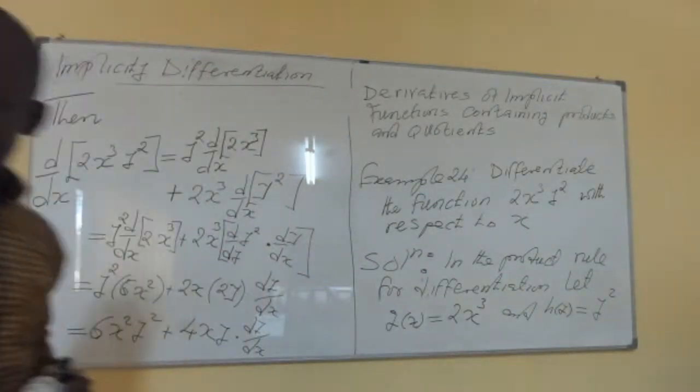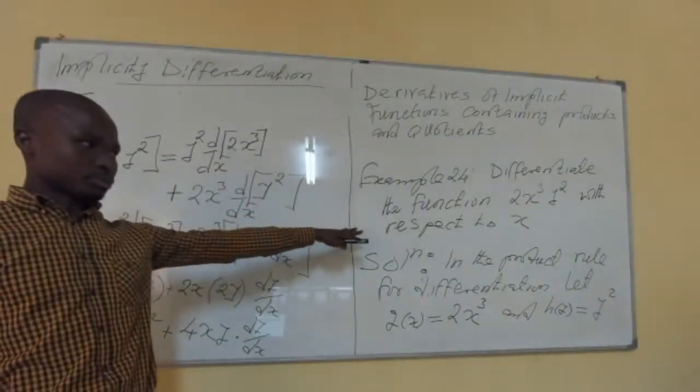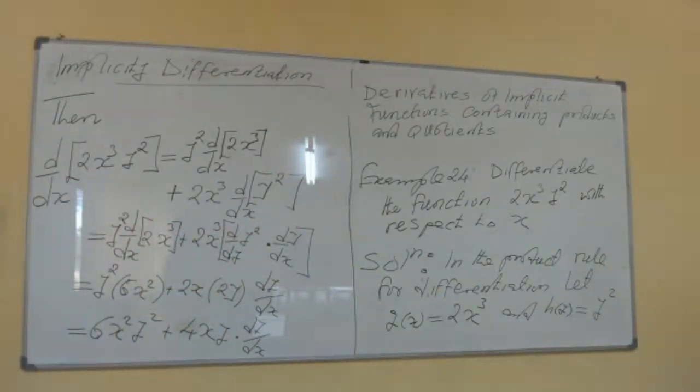Now, let's look at other examples that also involve differentiation. The first one was talking about the derivatives of implicit functions containing the products of two functions. So we are finding the derivatives of a given function implicitly. Now this function contains the product of two functions.